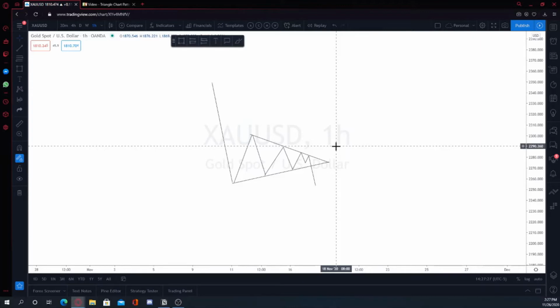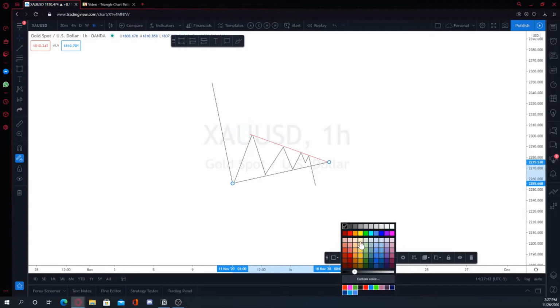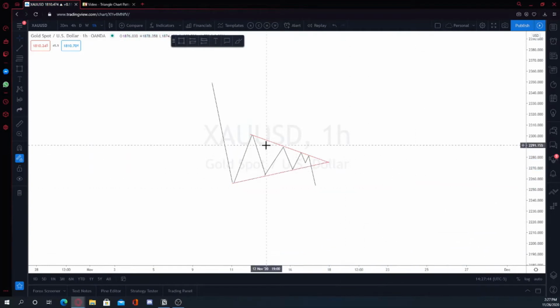To give a textbook definition, it's very easy to notice from the sloping support and resistance lines that you're drawing. Those are the lines we just drew here. Those sloping lines connect the highs and lows, and you can see there's your triangle.